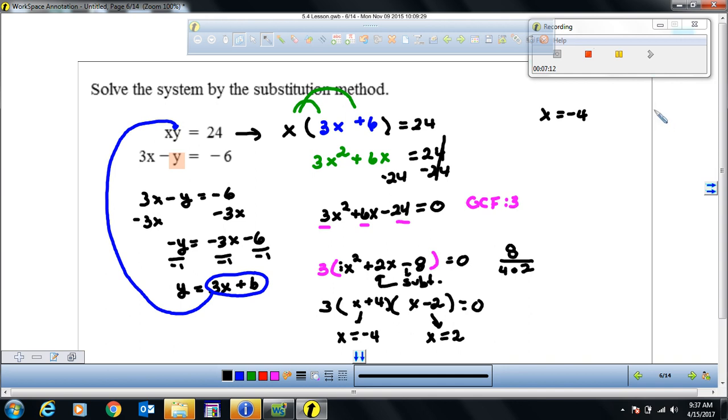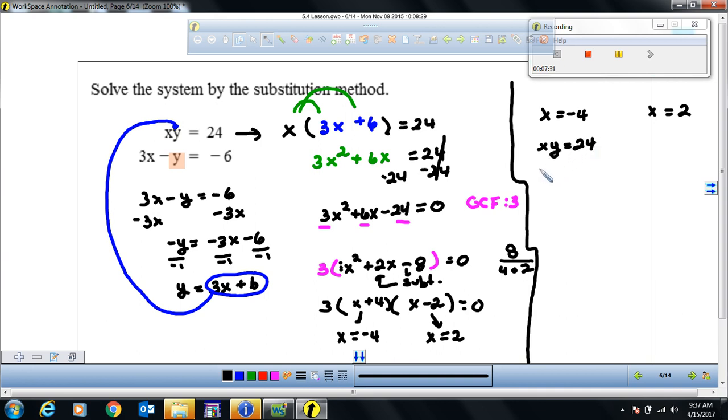What do we need to do after? Find the values of y for each of these values of x. So we're going to substitute each one of these into one of the two original equations. I'm just going to use the first one, since both of them are simple in this case. xy equals 24.